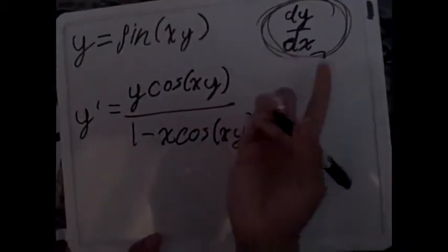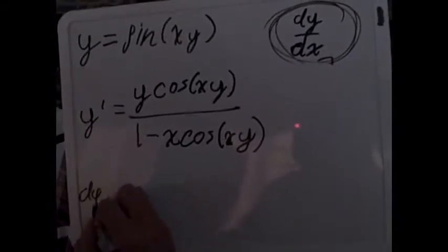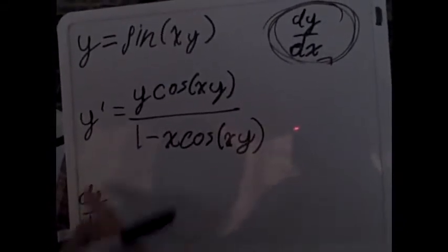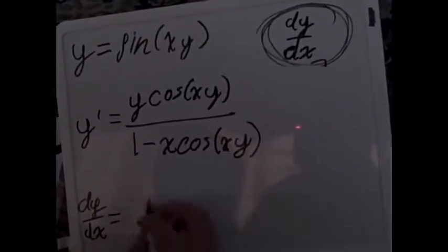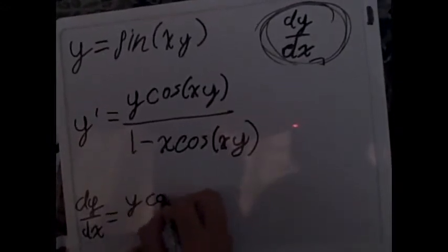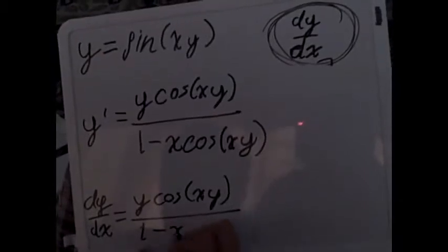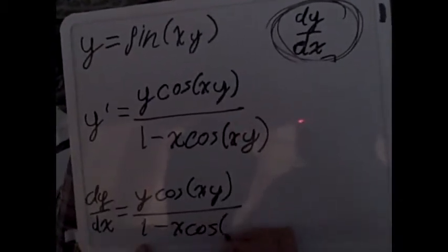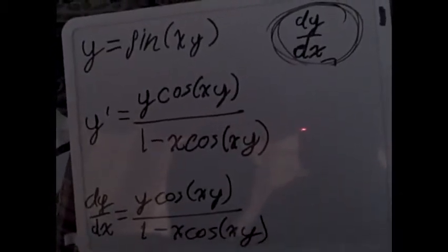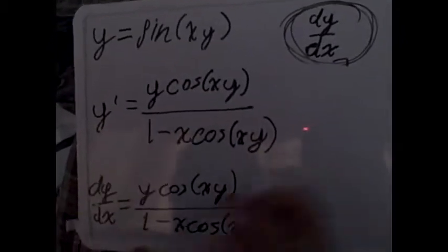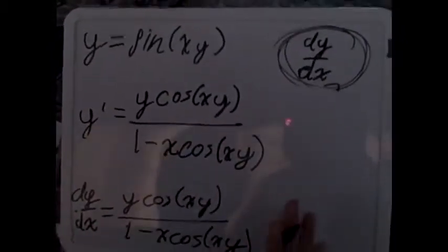If you guys have done it in the original notation, you would have gotten dy/dx equal to y cosine xy all over 1 minus x cosine xy. So whatever notation you use, you get the same answer.